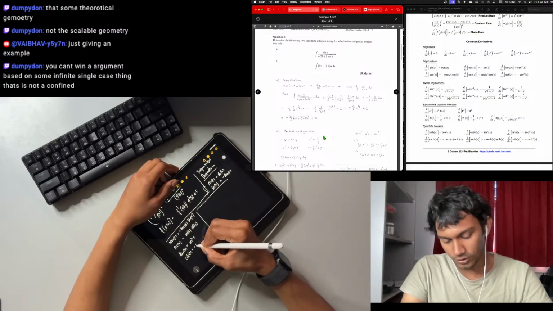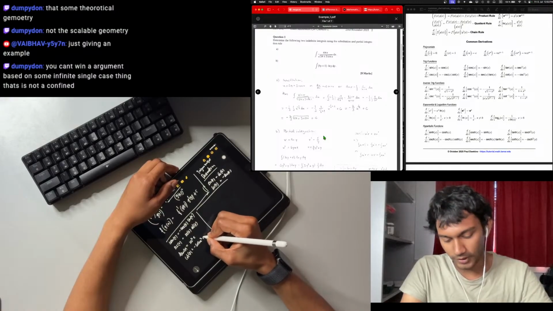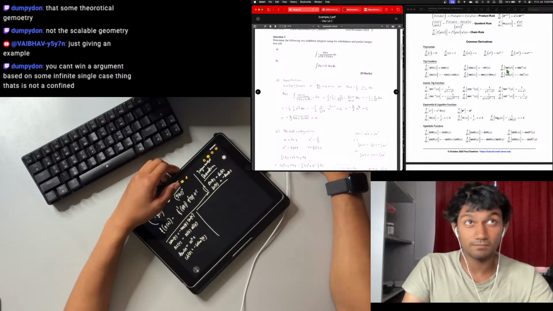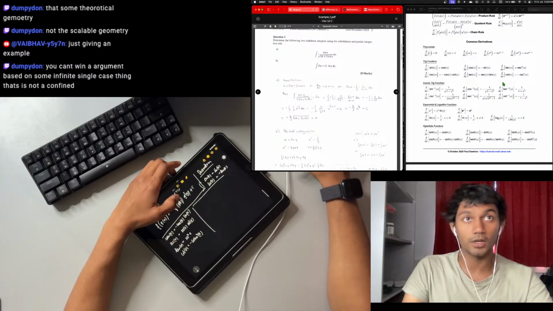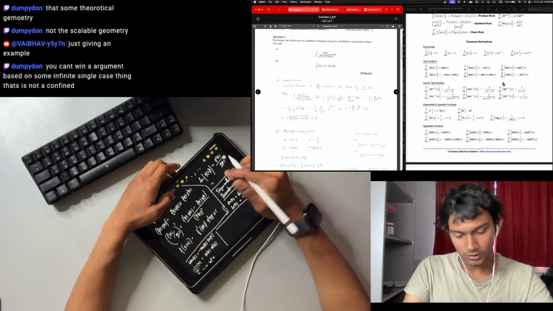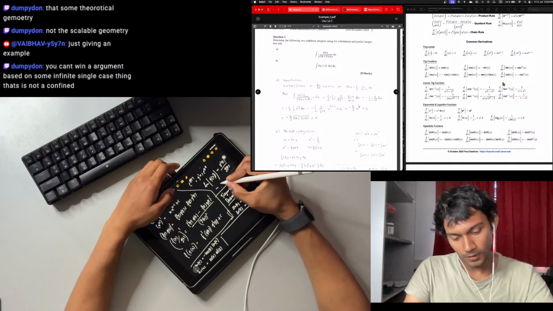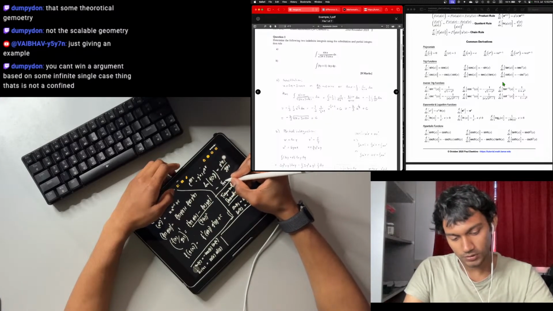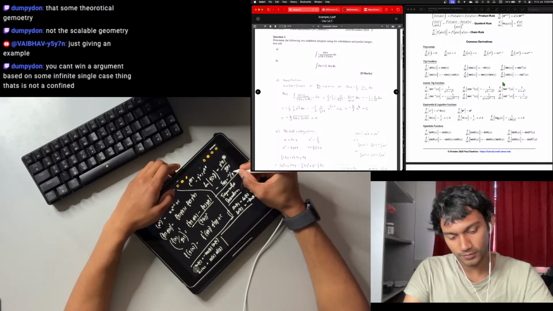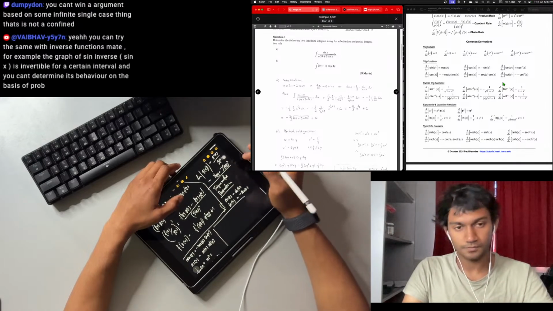Cot x is minus cosine square x. Got it right. But I gotta redo that part because I feel like I could forget. Also, I forgot this one. 1 by g of x equals minus 1 by g of x square.